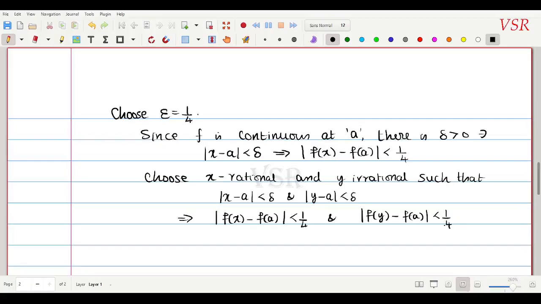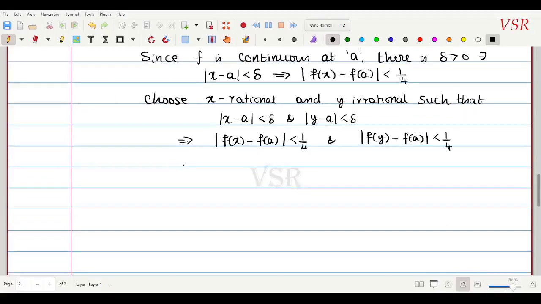Okay, so this would imply that modulus of f of x minus f of y, which is equal to, x being rational, f of x is 1, and y being irrational, f of y is 0. So this is 1 minus 0, that is equal to 1.